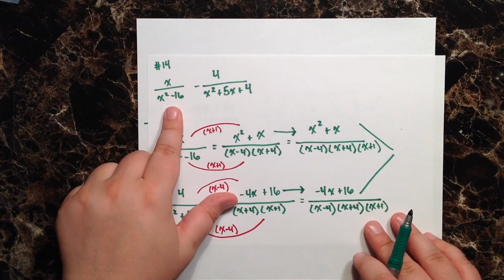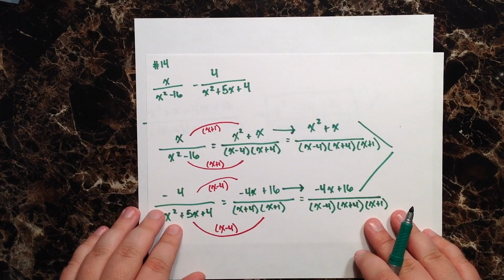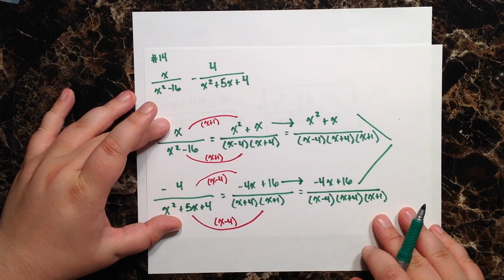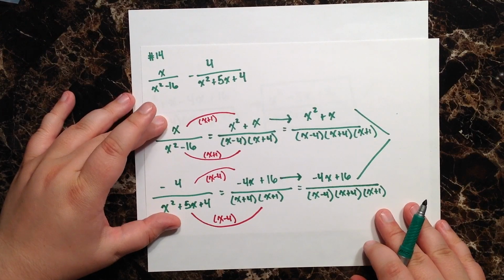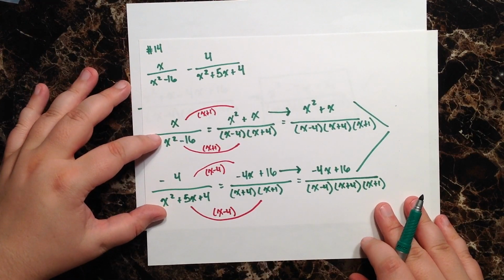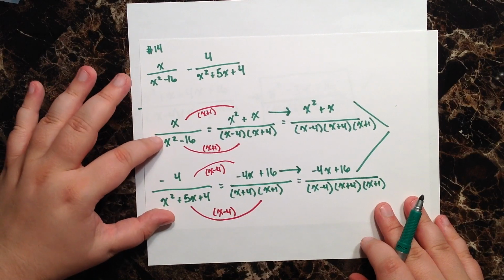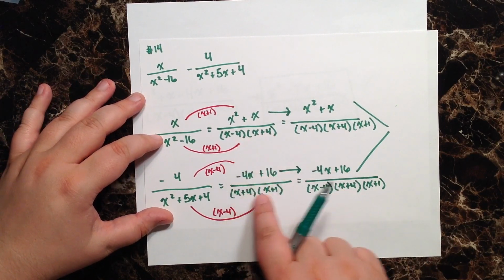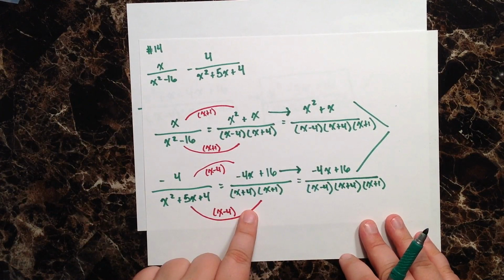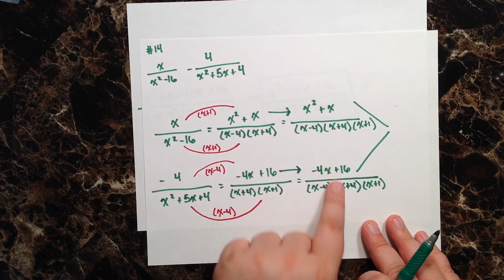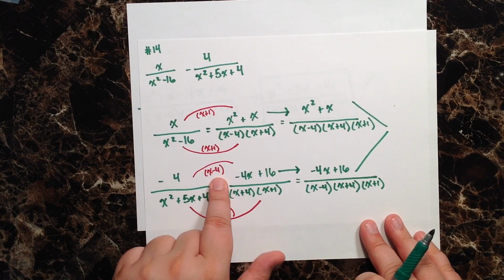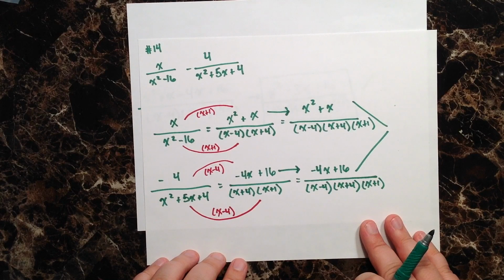So when we are subtracting and working with this expression, again, we want to stack them so that we can more easily find a common denominator. To do that, we factor the denominators. Whatever factors I'm missing, I multiply by in order to get a common denominator, and whatever I multiply one denominator by, I multiply the numerator by as well.